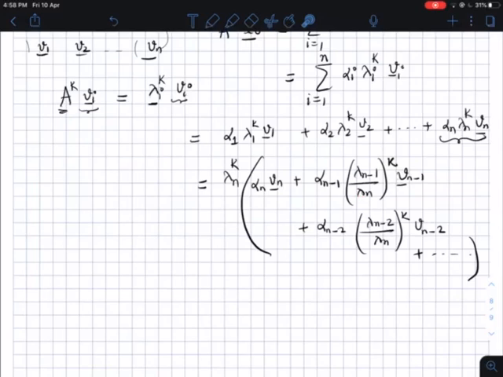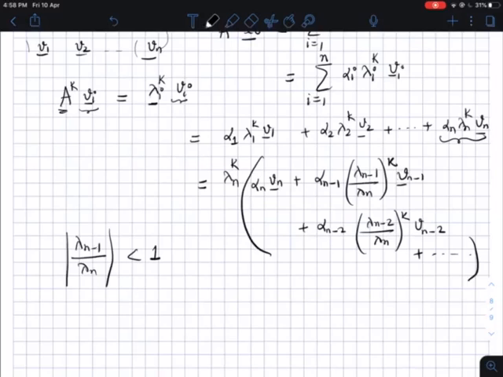If it's, let's say, 0.5, then when you do 0.5 to the k, 0.5 squared, 0.5 cubed, you get smaller and smaller numbers. It could be negative 0.5 also. If it is minus 0.5, then also you get smaller and smaller values as k keeps on increasing. So what we want is the absolute value of lambda n minus 1 by lambda n to be smaller than 1.